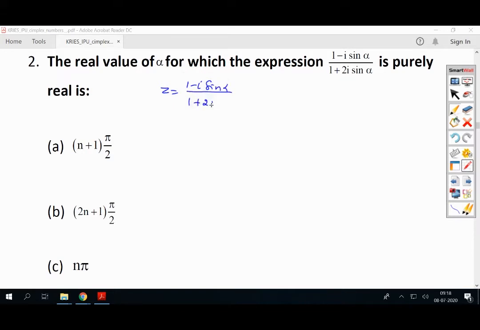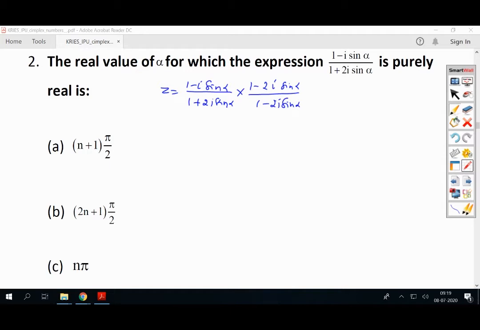Let us rationalize this by using the conjugate. I am going to multiply and divide by the conjugate of the denominator, 1 minus 2i sin alpha. So on simplification, the numerator becomes (1 minus 2i sin alpha) whole square.